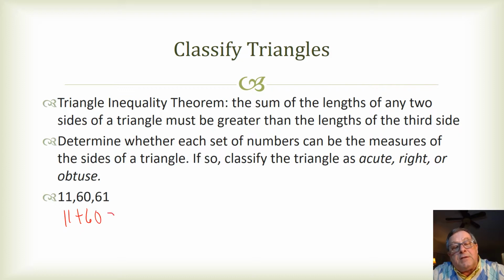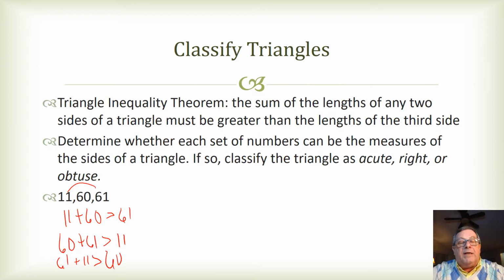Well, obviously that's greater than 61. And 60 plus 61 is certainly greater than 11. And then the last two match these two. 61 plus 11 certainly is greater than 60. So we know at least we've got a triangle.